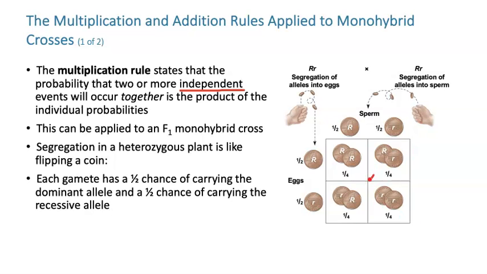But look right here. These 2 end up being the same. They end up being both big R and little r, heterozygous. So that's interesting, because even though you have a 1/4 chance of this egg meeting up with this sperm, you also have a 1/4 chance of this egg meeting up with this sperm, and you end up getting the same result.